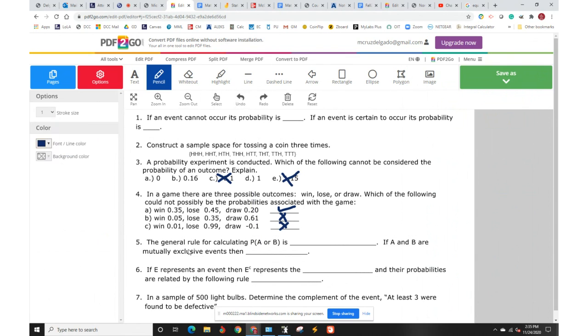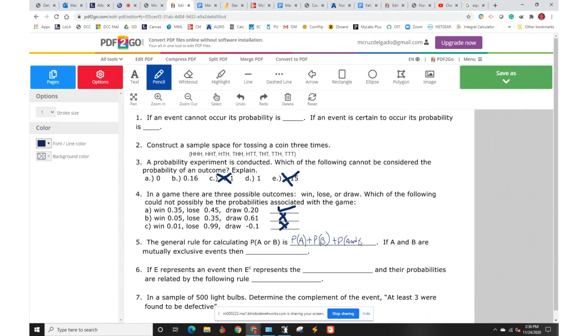All right, so the general rule is just that or means add.